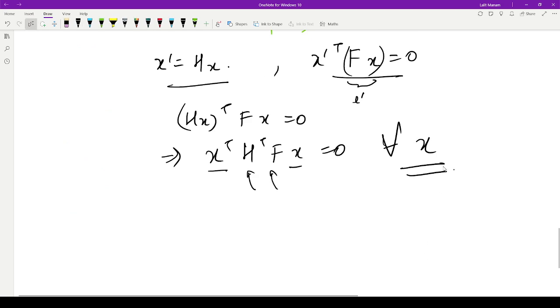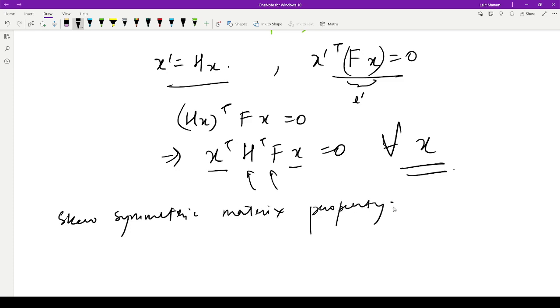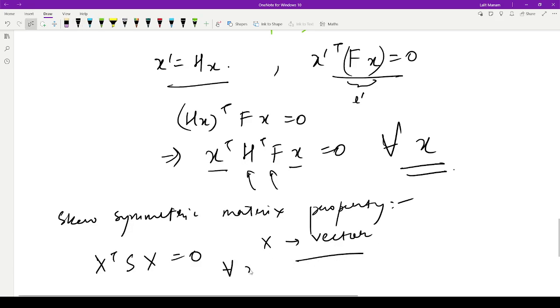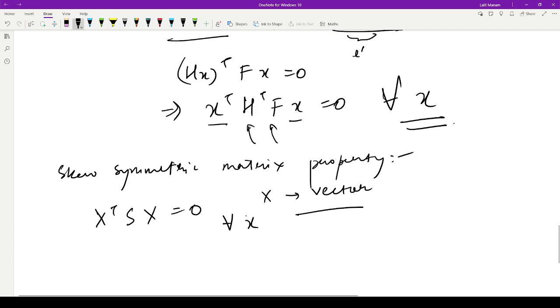So given that it's for all values of x, as you said, a skew symmetric matrix has the property that x transpose Sx equals 0, where x is a vector, for all values of x.